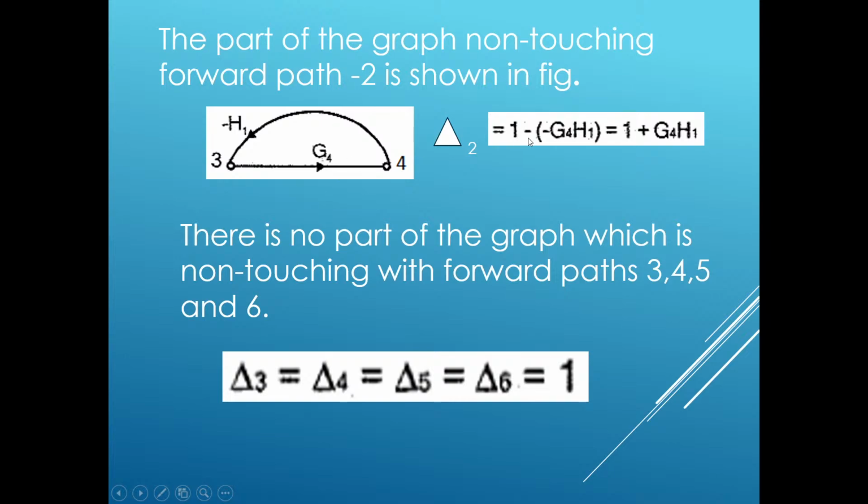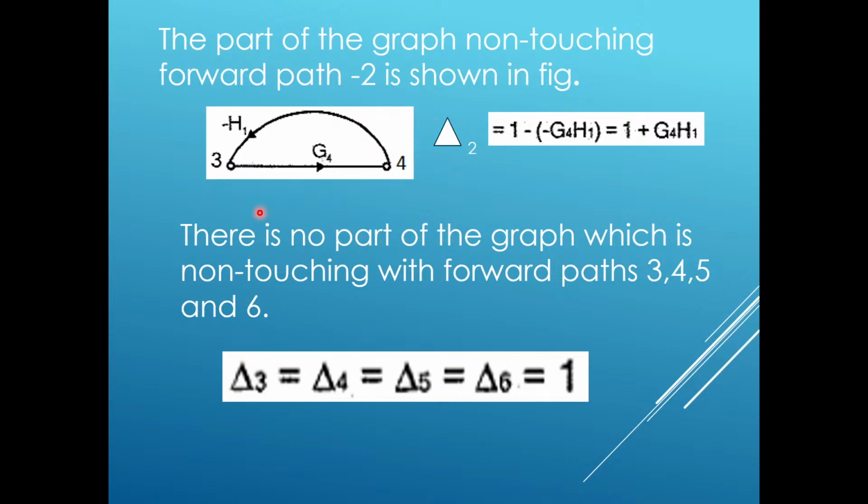So what is it? 1 minus this loop gain value. How much is it? G4 into minus H1 means minus G4H1. So 1 minus of minus G4H1, you will get 1 plus G4H1. Okay, so we have got delta 2.